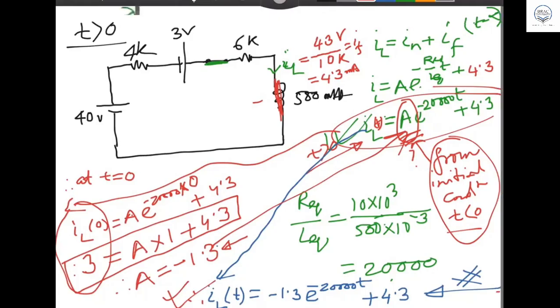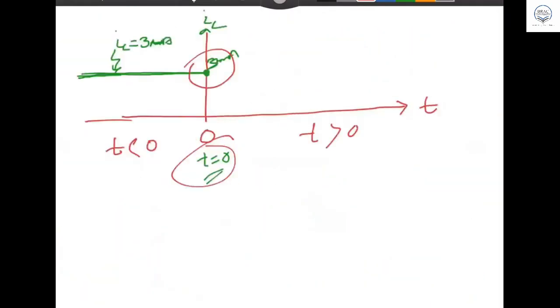It's very simple, because this will be the equation here. IL(t) equal to minus 1.3 e to the power minus 20,000 t plus 4.3.